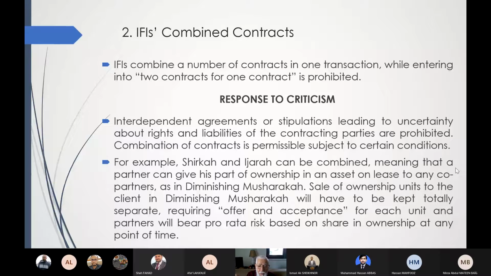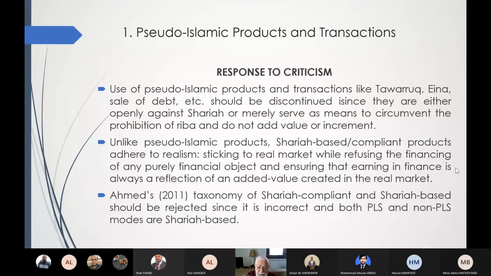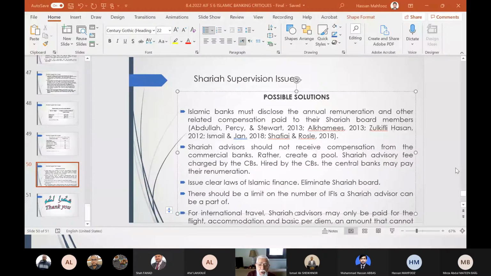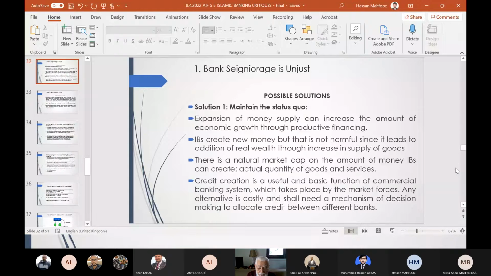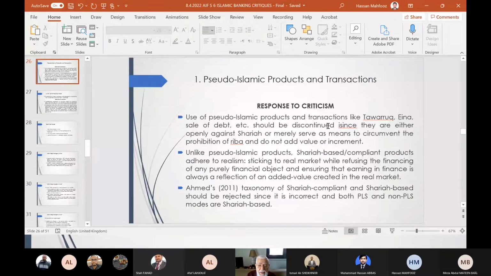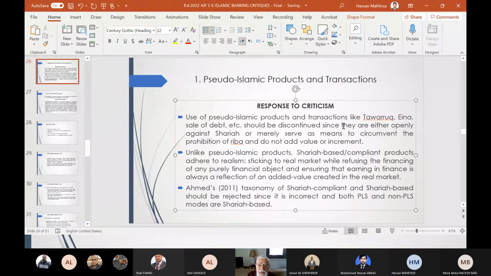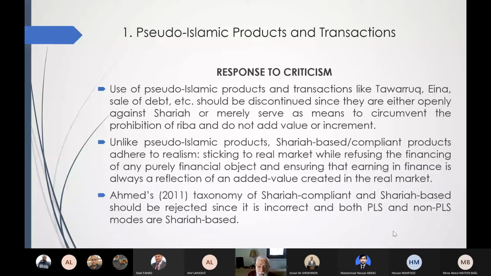The issue of Tawarruq and Ina is definitely not acceptable, regardless of whoever says it. There is a fundamental contradiction between the principles of Islamic finance and Ina and Tawarruq. Both of them are violations of the fundamental principles.